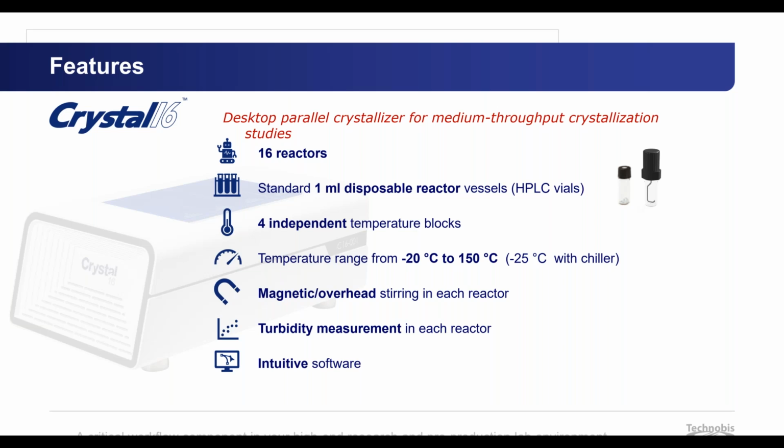With 4 independent reactors, and now with just dry air, this Crystal16 can reach with all 4 block reactors in parallel minus 20 degrees, and can go up to 150 degrees. If there is the need of going to an even lower temperature, minus 25 degrees can also be reached.